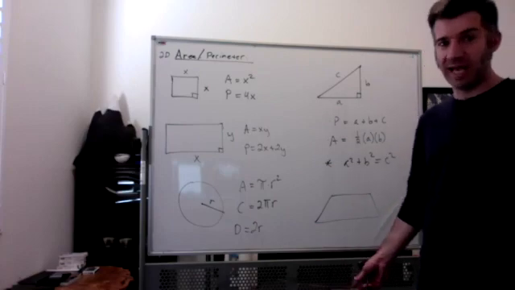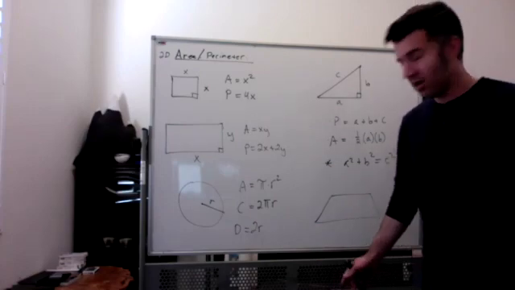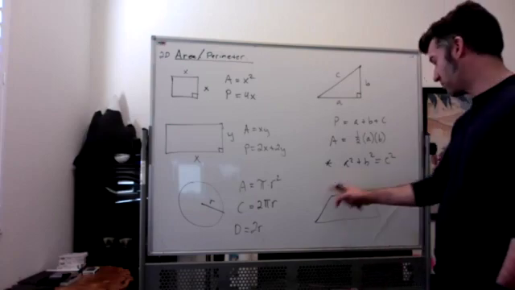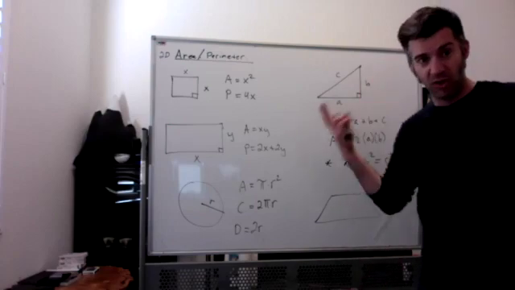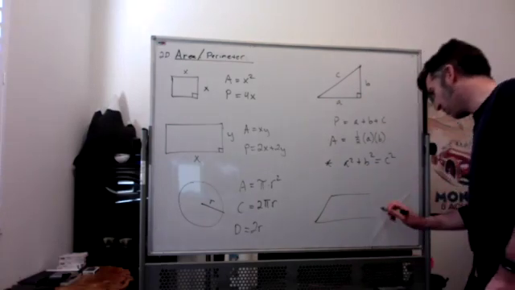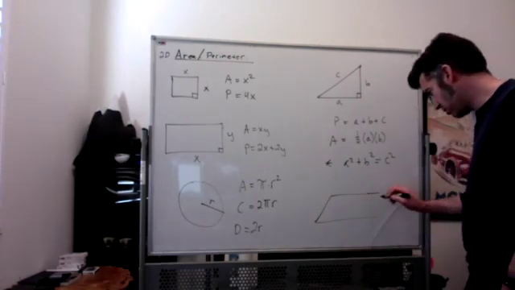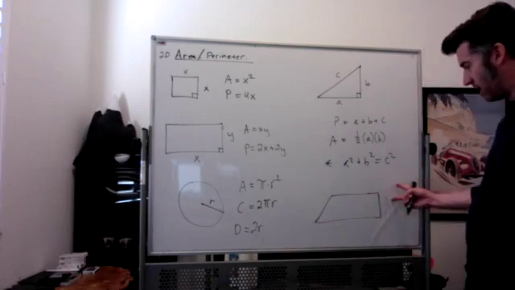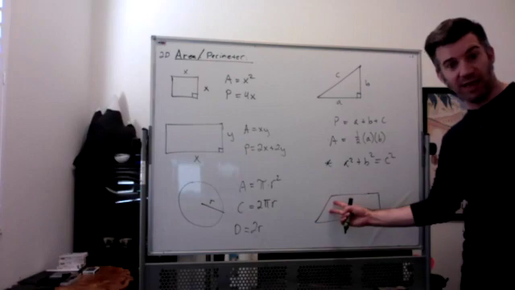Again, a trapezoid is any four-sided shape where two sides are parallel and the other two sides are not parallel. I know this is the most common trapezoidal shape we all think of, but this could also be a trapezoid. Or really, this side could be oriented any way, it just can't be parallel to that side.